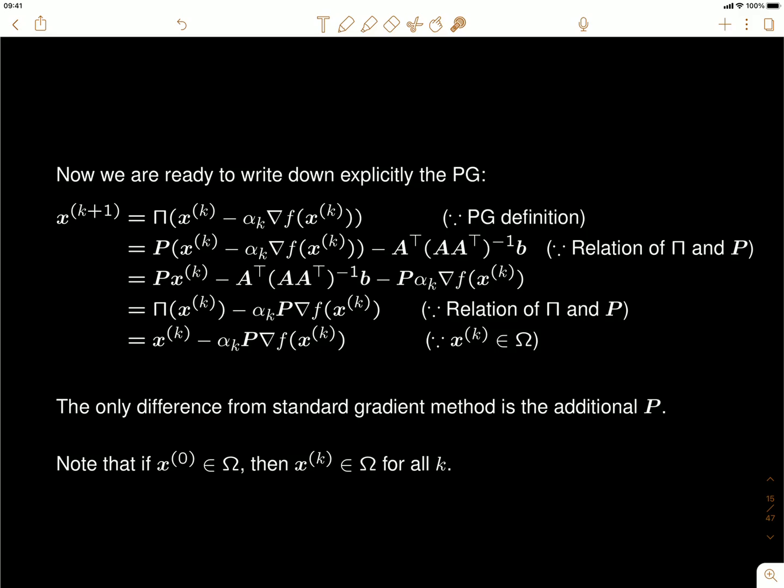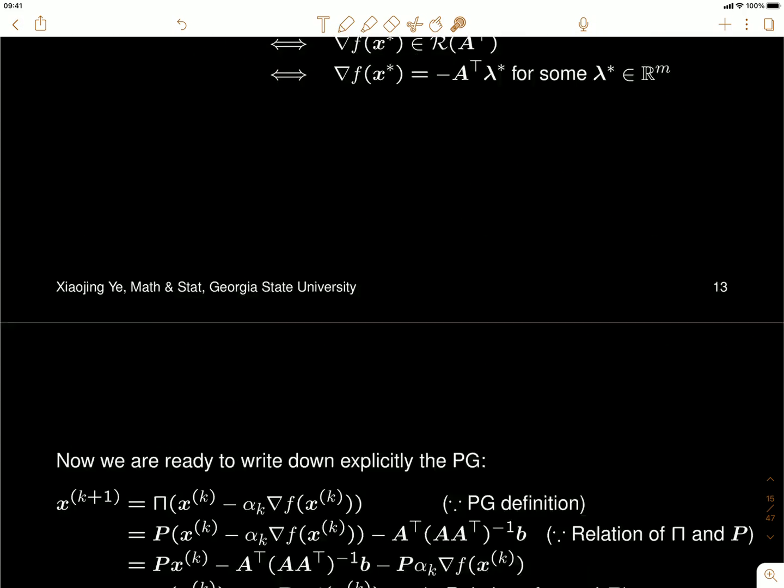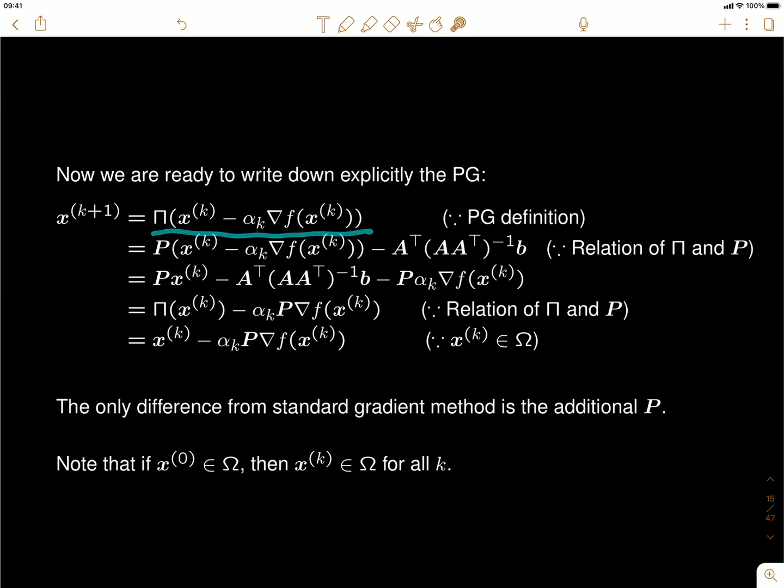So as we mentioned earlier, we can actually write down what the projected gradient method is by following the form of the projected gradient descent. Remember that x k plus 1 equals the projection here. This is what we wrote here. Because we know what the projection is, just P times this minus this vector, that will be our projection of the point onto the hyperplane omega.